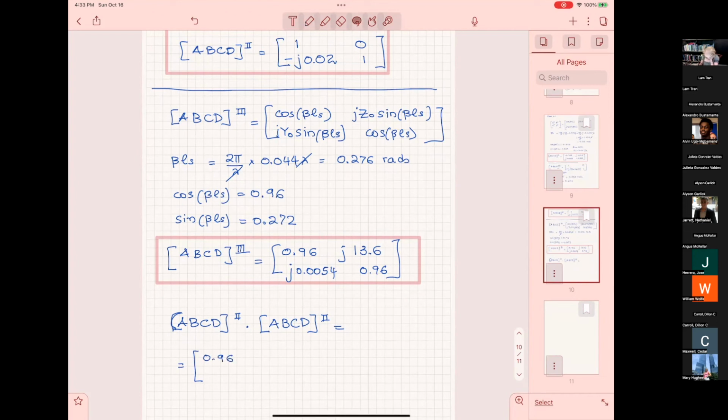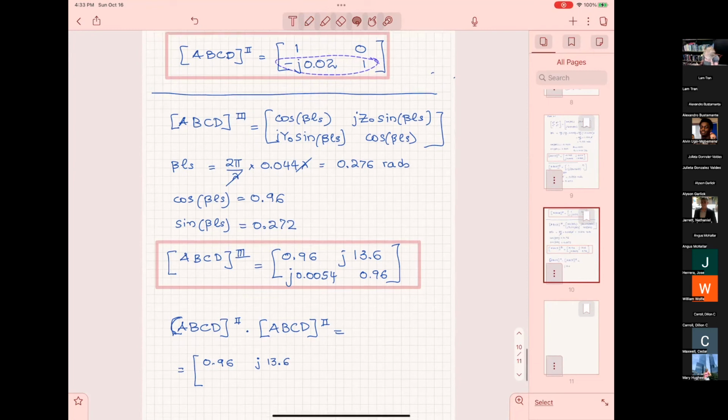And then this one times this one, which would make it J 13.6. And then you would do this one times this one.